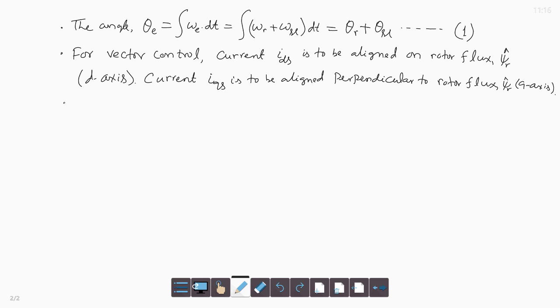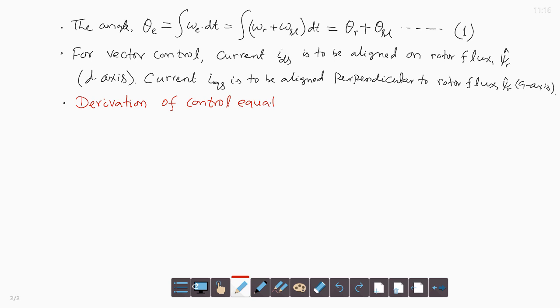So, next, derivation of control equations for indirect vector control.